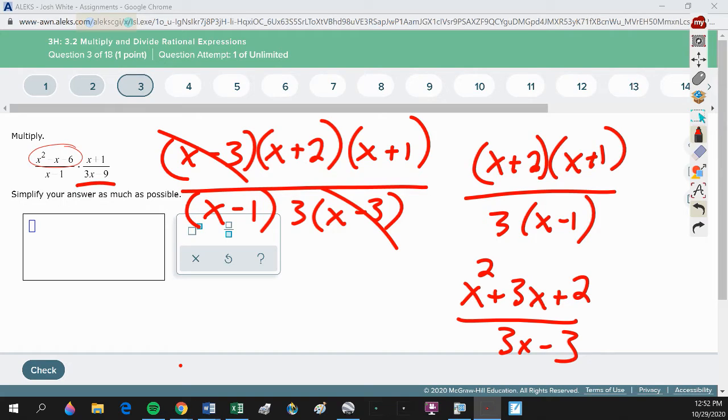And the thought is it depends on what you want to do with it. Sometimes it makes more sense to leave it in factored form. Sometimes it makes more sense to multiply everything out and then leave it in kind of polynomial form. And I'm not sure what they want, so let's see. And maybe it will take both, I'm not sure.